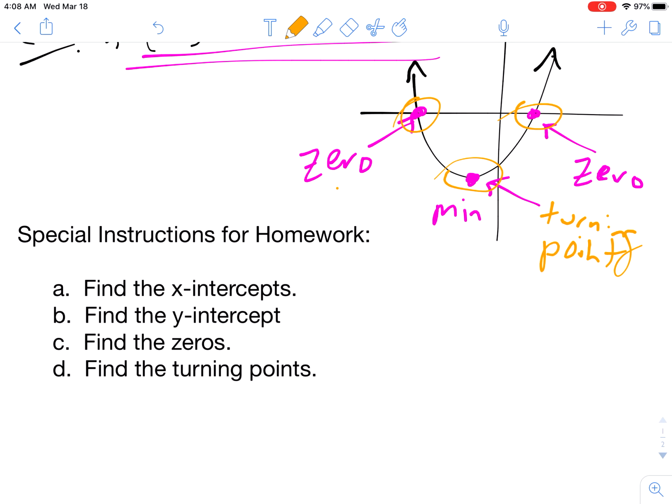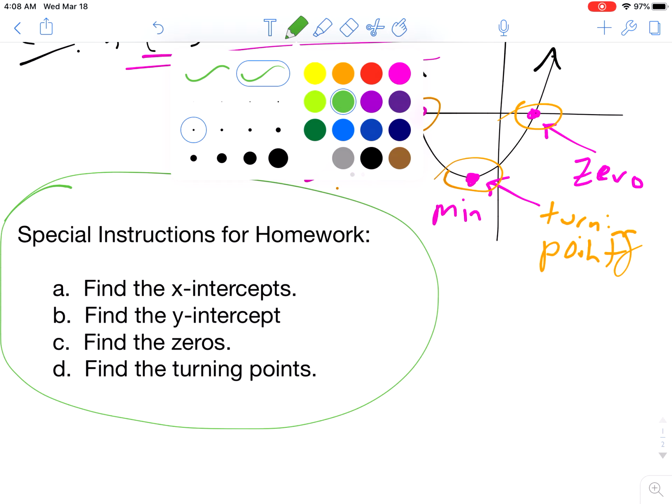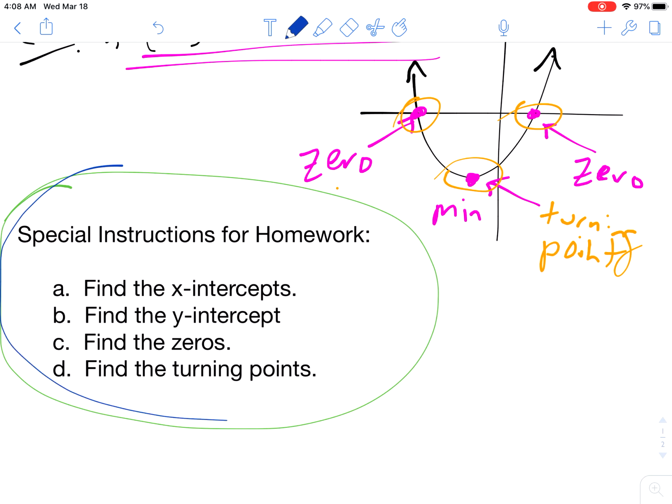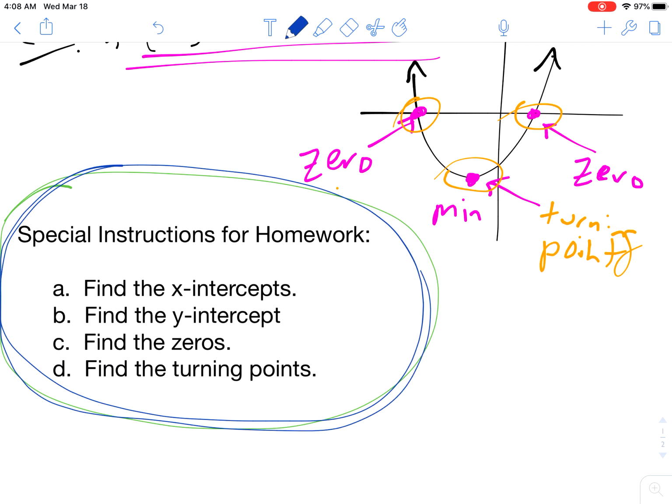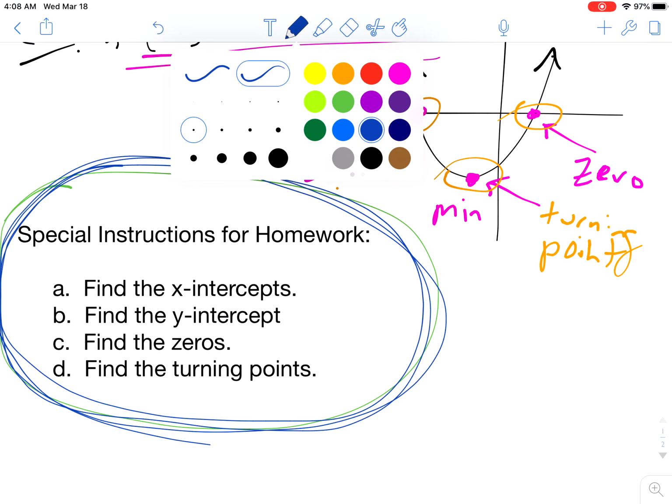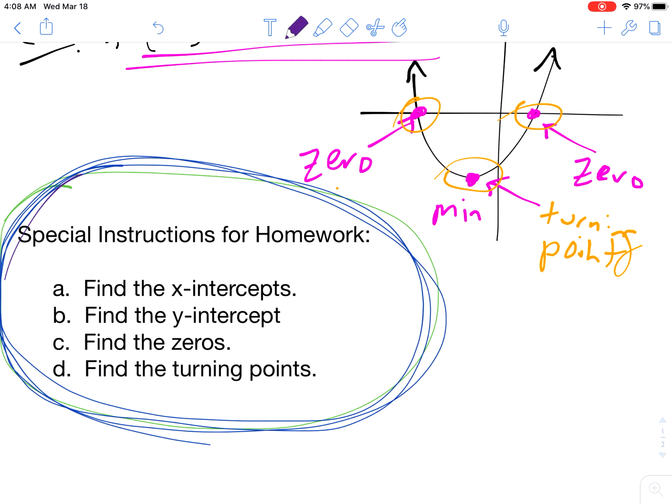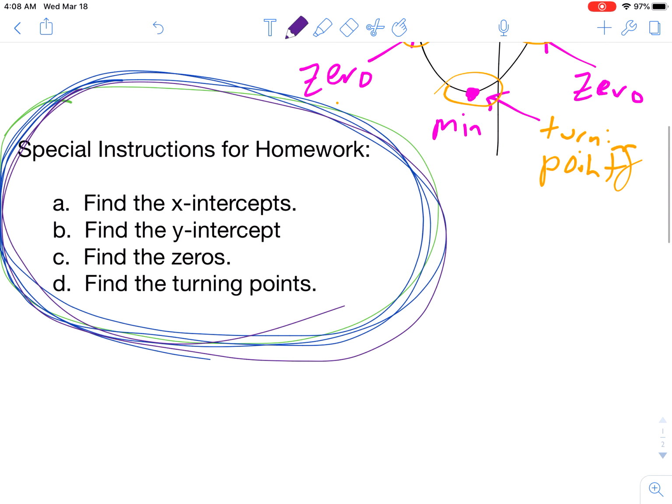And then the special instructions for your assignment go like this. I'm asking you to ignore the instructions in the textbook. So when you get to your homework, these are the 4 steps I'm asking you to complete for each problem, okay? And each of these problems is a calculator problem.